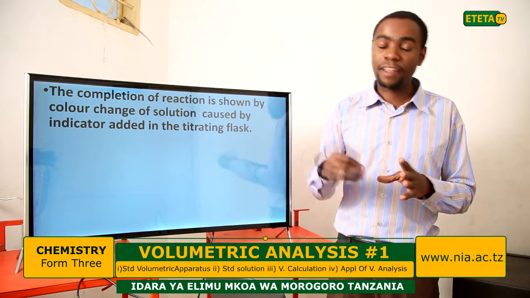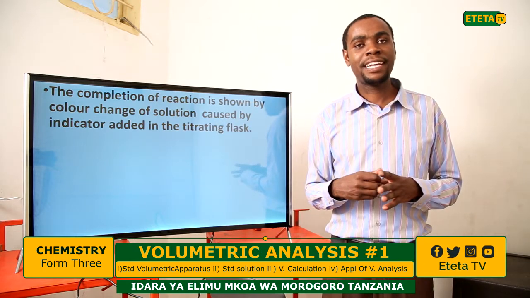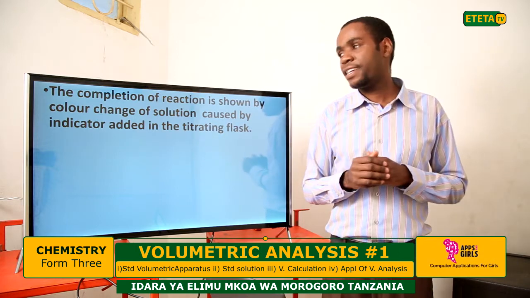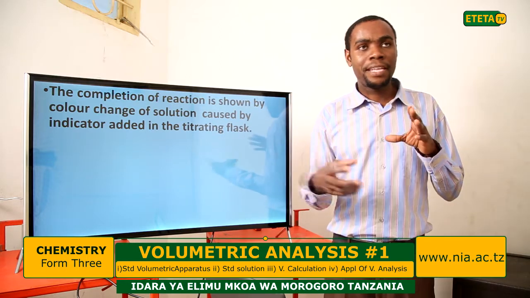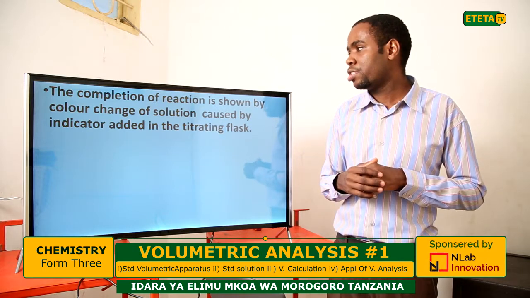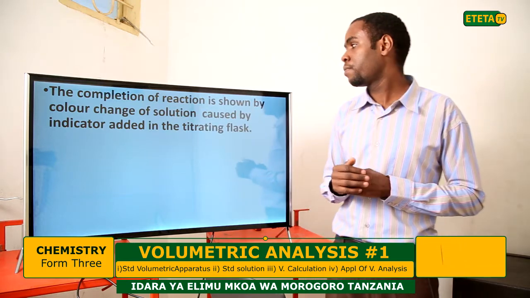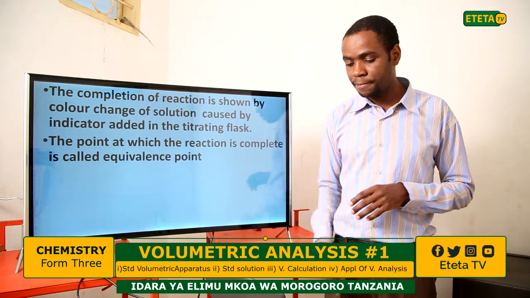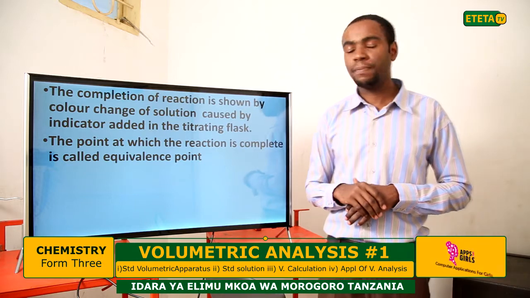After putting the base there, we add a few drops of indicator, either methyl orange or phenolphthalein indicator. Once you add the acid and mix, the color will change. So the point at which the reaction is complete is called the equivalence point.